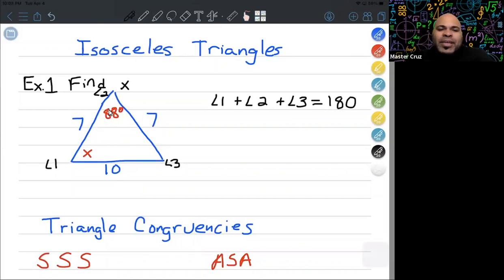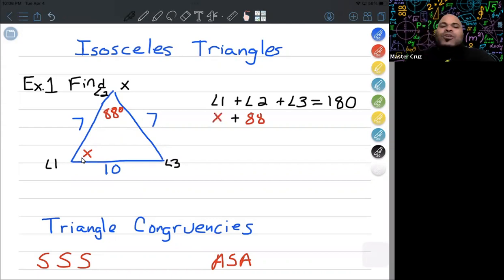Now they gave me angle 1, angle 2, right? In this case, angle 2 is 88 degrees, so I'm going to substitute angle 2 for 88. They also gave me angle 1. Angle 1 is x. So this is x plus.